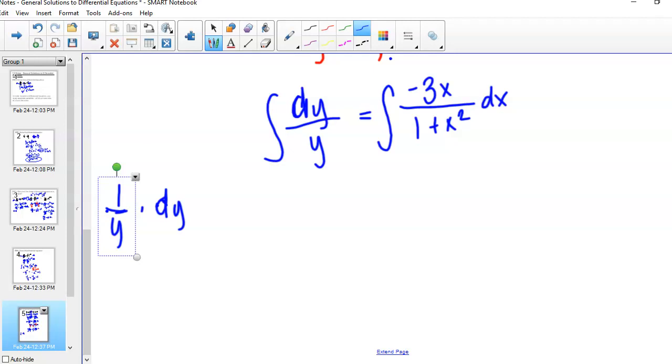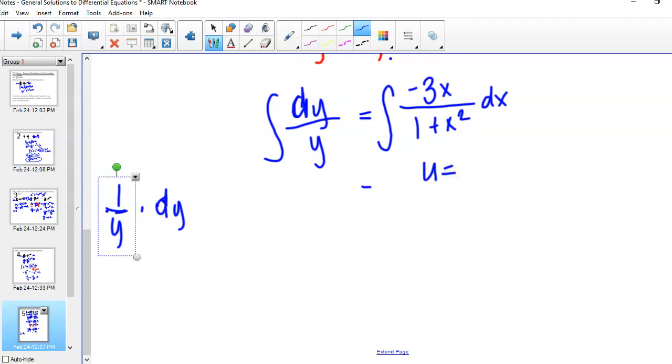But I'm going to hold off on integrating this because I need to do a u/du substitution on the right-hand side. And I want to integrate both sides at the same time because when I put that plus c, it has to go for both sides. So I am going to go ahead and do my u/du substitution first over here on this right side.